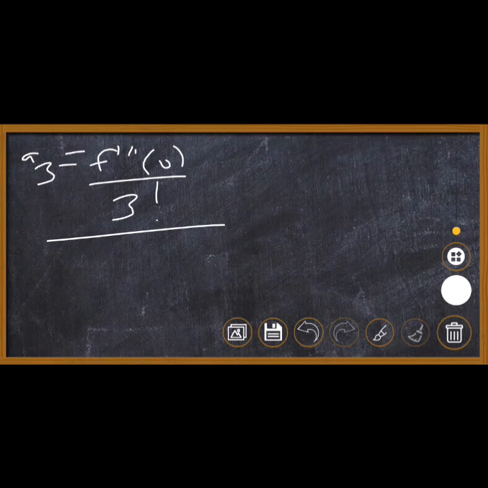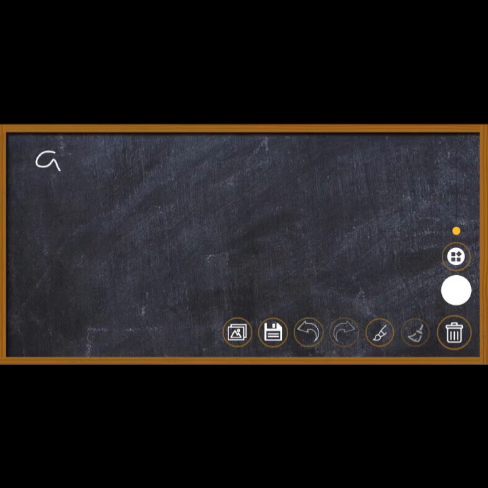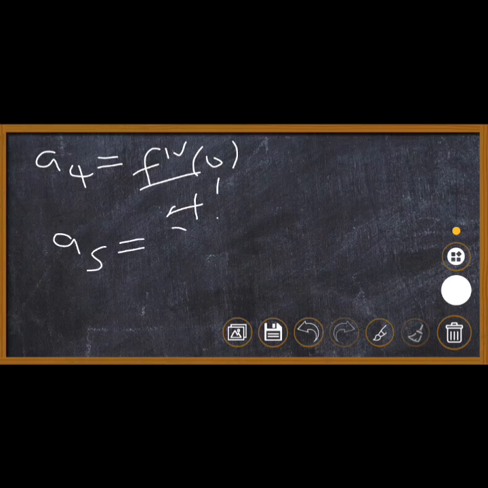Now if we keep on going, we are going to find the pattern such that a4 is going to be the fourth derivative of 0 over 4 factorial. Even for the fifth, we are going to have the fifth derivative of 0 over 5 factorial.